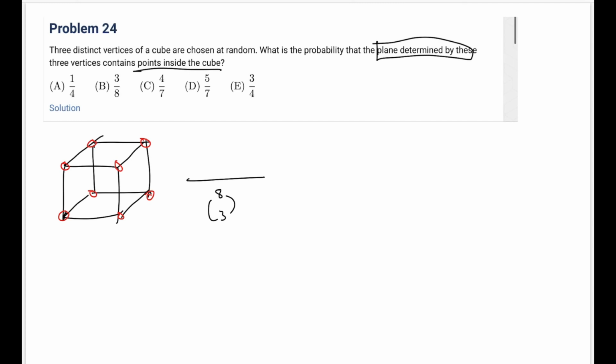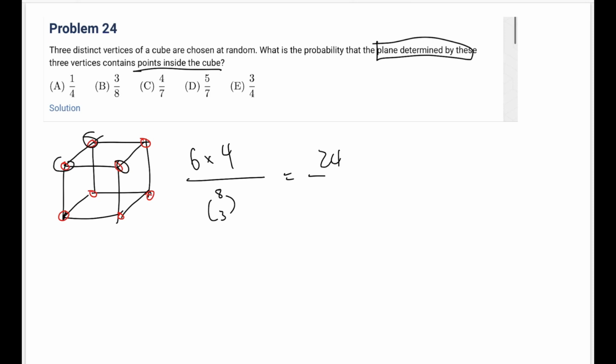That could be arranged by choosing 3 points that are all on one face, right? There are 6 faces, and there are 4 ways to choose 3 of the 4 vertices, right? So there could be this, this, this, and this. So there are 4 ways.